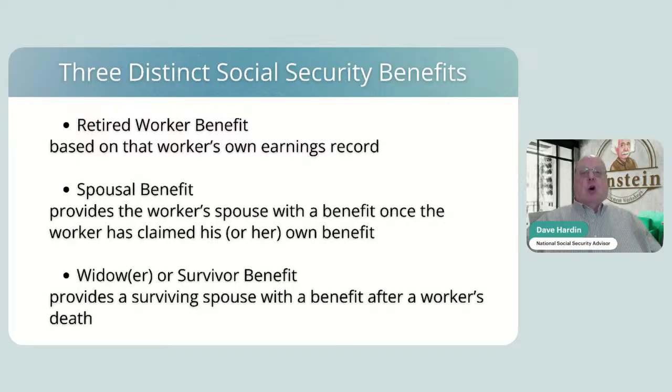It's all based on my contributions, not hers. And widow, widower, or survivor benefits provide a surviving spouse with a benefit after a primary worker's death, and that spouse or survivor never had to work at all. They're entitled to it because of the deceased worker's contributions, period.